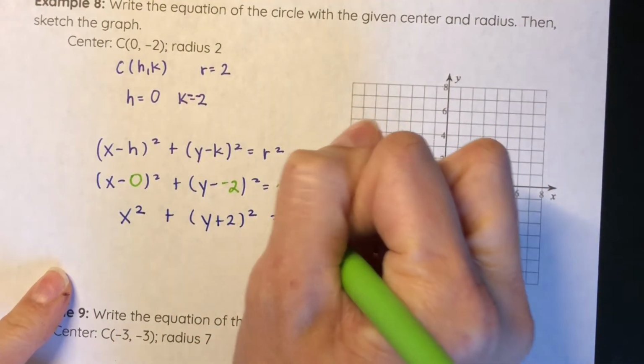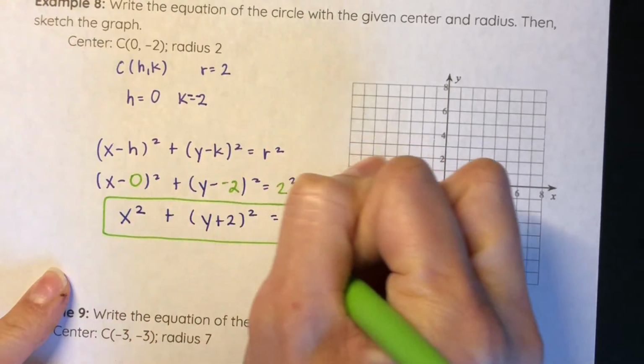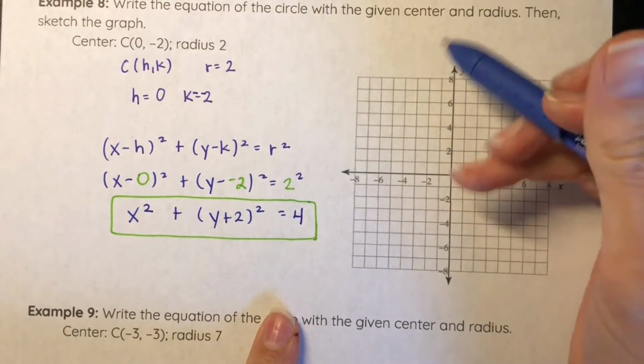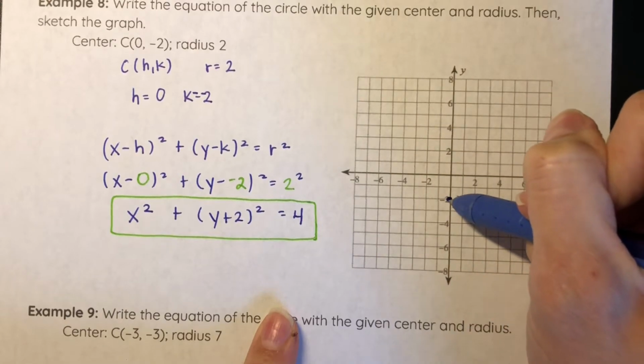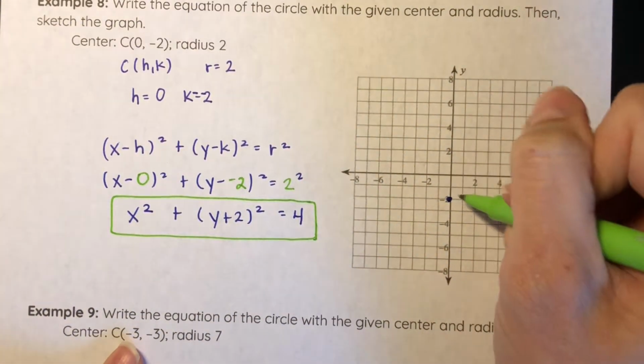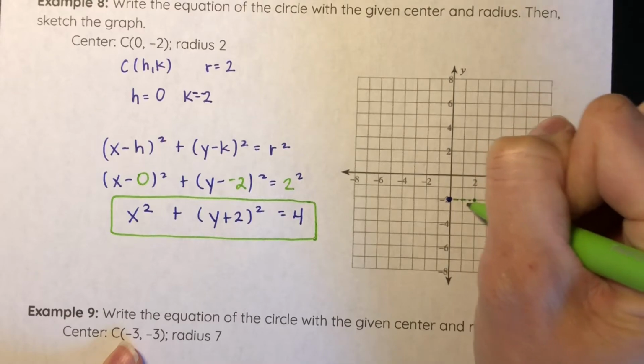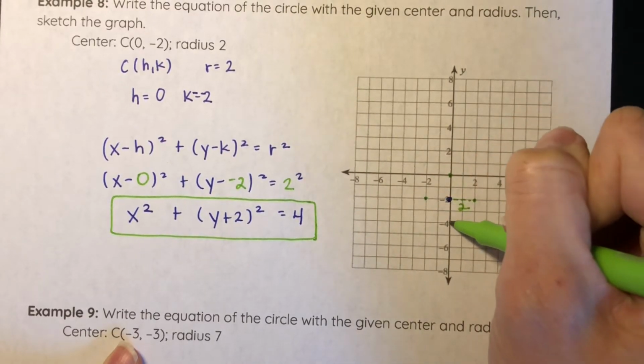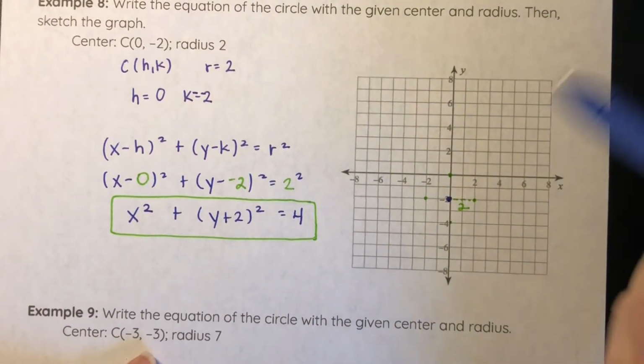So this will be my equation of the circle with a center at 0, negative 2, with a radius of 2. So now we can graph it. I will graph my center first, 0, negative 2, count 2 over in each direction for my radius, and then I will sketch my circle.